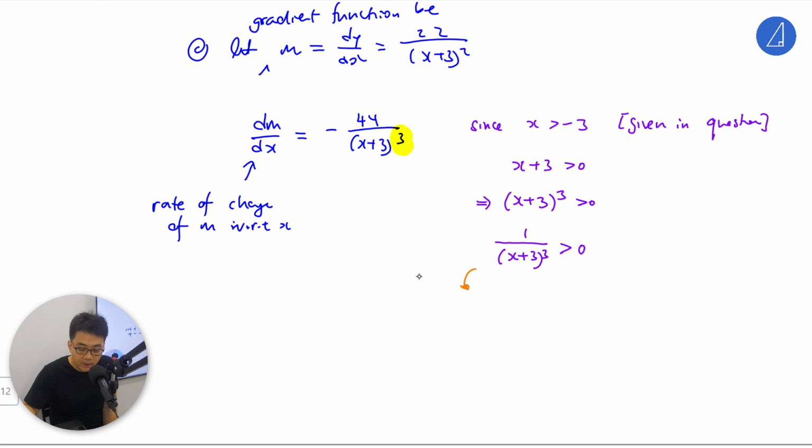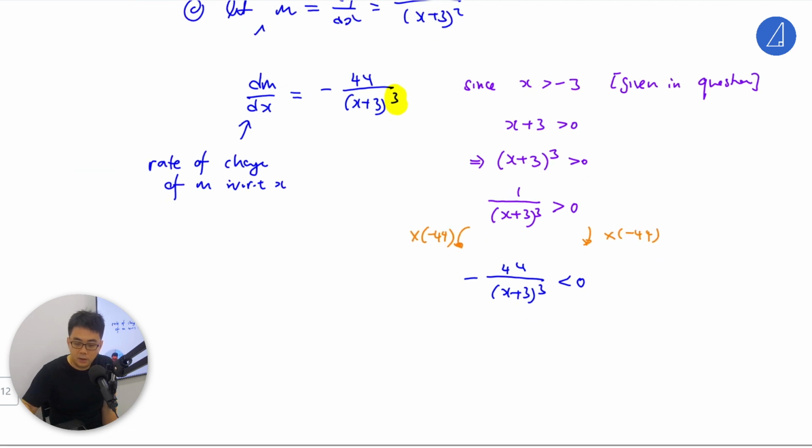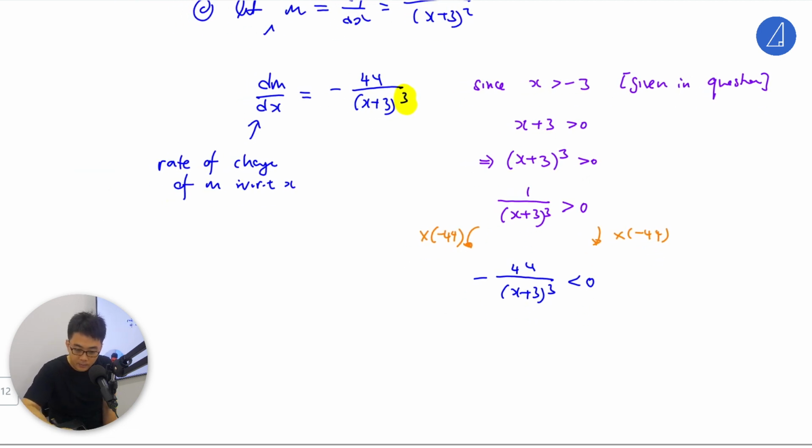Then you multiply by negative 44. What do you get? You get minus 44 over (x plus 3) cubed. Flip it. Remember to flip. Important.